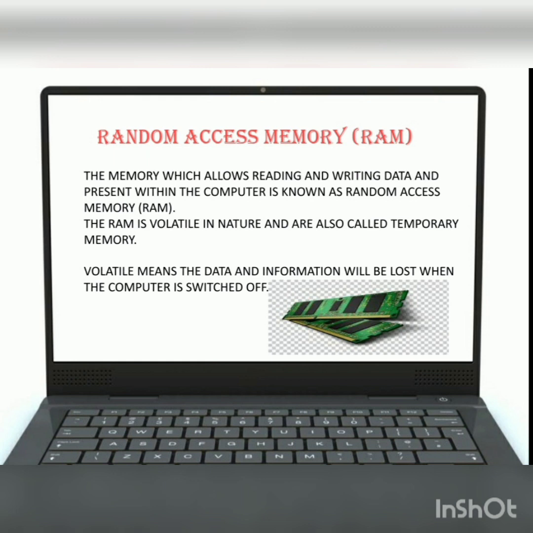Volatile means when you switch off the computer without saving the data on which you are working, it gets lost. So RAM is also a temporary memory, because if you close the program without saving a file, you lose whatever changes you made since the last time you saved the file.